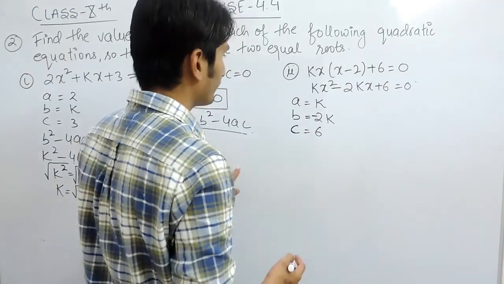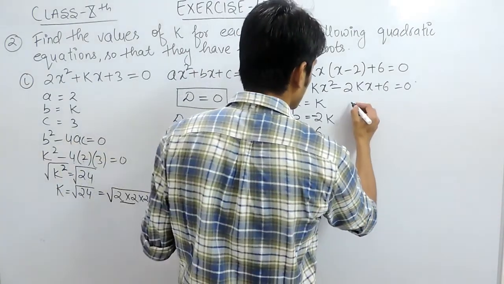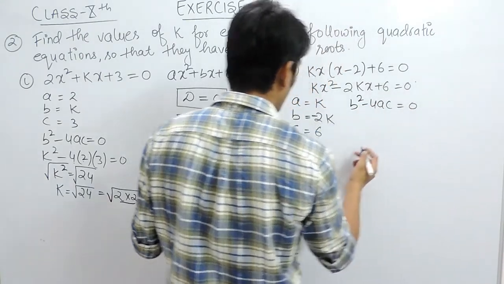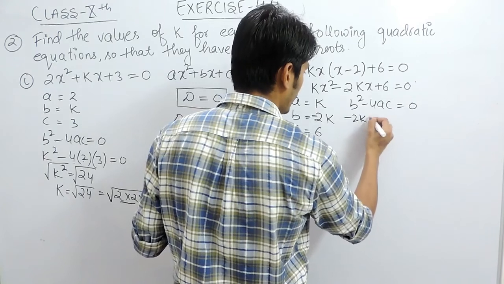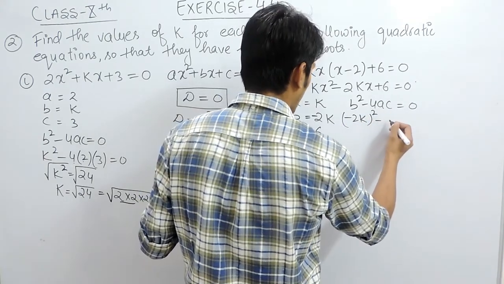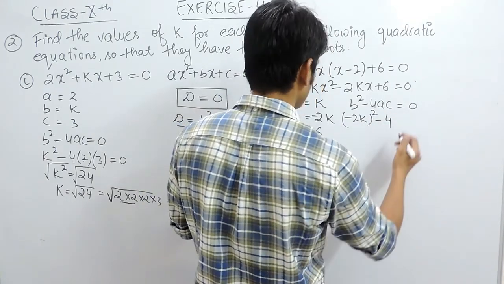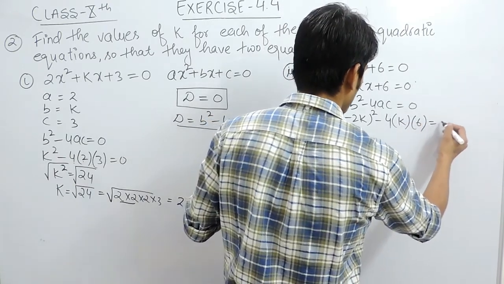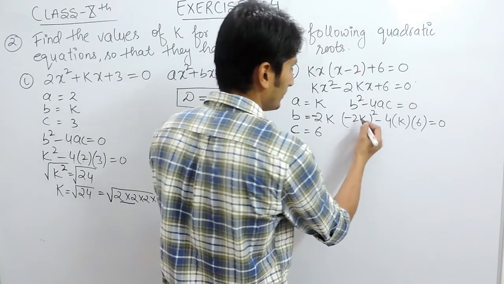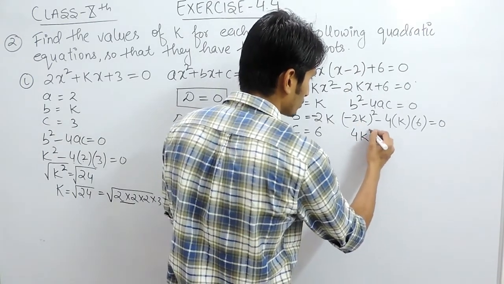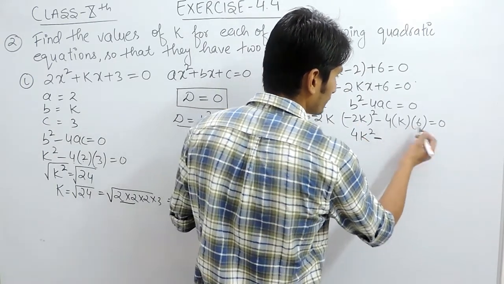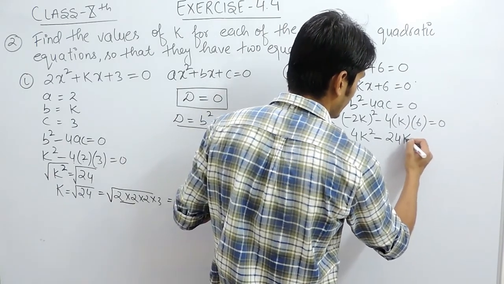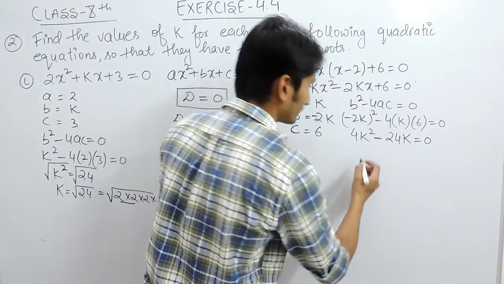Now we have to find the value of b square minus 4ac, which will be equal to 0. Our b is minus 2k whole square, minus 4 times a, which is k, times c, which is 6, equals 0. This will be 4k square, and this will be 6 into 4, 24, k, equals 0.